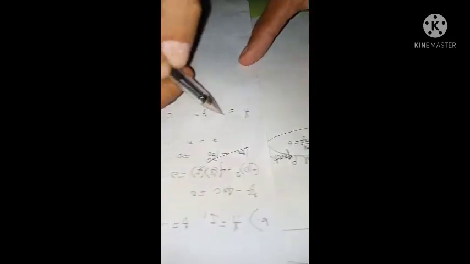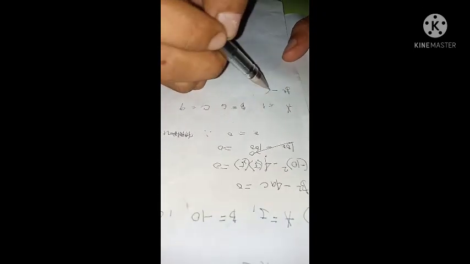So the value of A here is 1, the value of B here is 6, and the value of C here is 9. So substitute to the formula b squared minus 4ac.